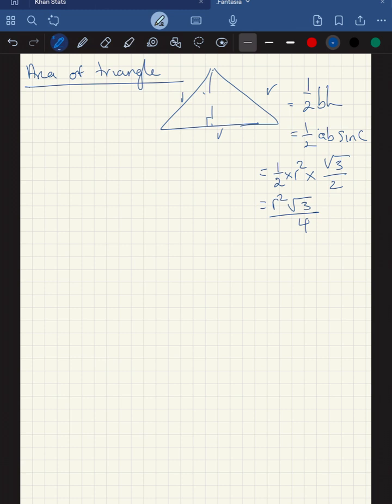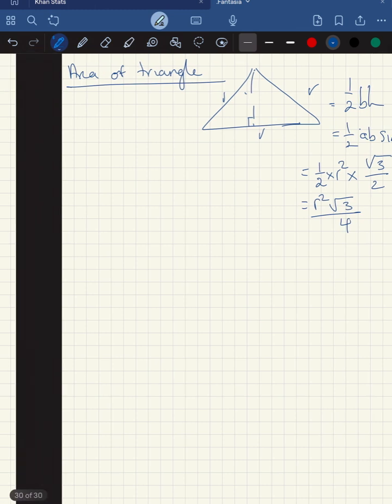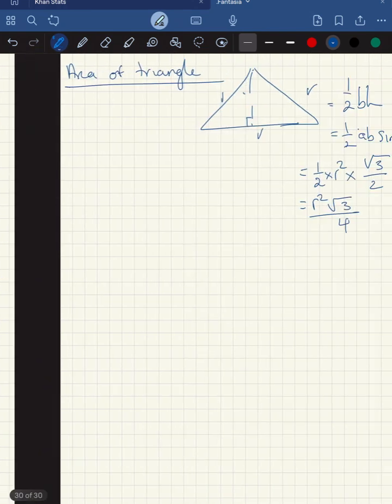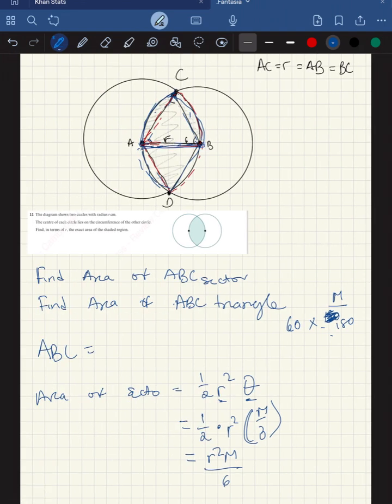Now what we have to do is say, where is our sector area?